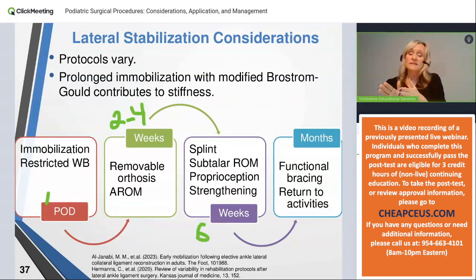So we want to normalize gait before we add on more dynamic, challenging weight bearing with different surfaces and compliance surfaces and complexity of managing that patient. We want to make sure that they can function without the brace before we challenge them on balance that is too complicated for that patient.